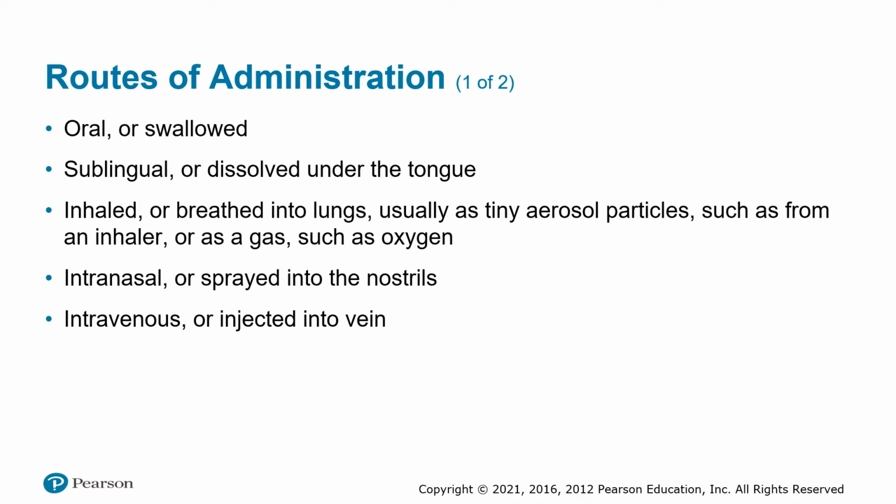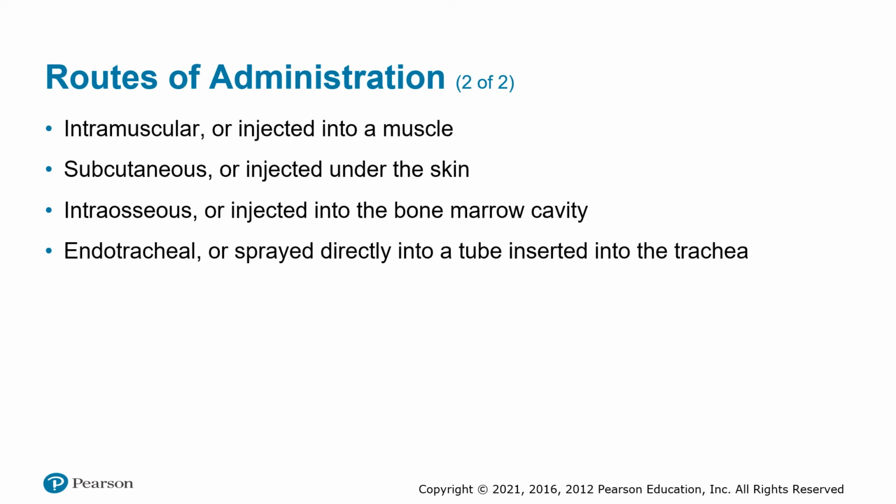So for routes of administration, there are a few different kinds. You can do oral, or swallowed; sublingual, which is dissolved under the tongue; aerosolized, which is inhaled or breathed; and then intranasal or intravenous as well. There's IM, which is injected into the muscle.